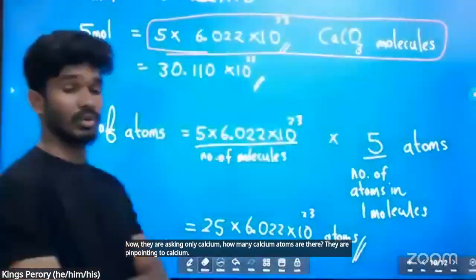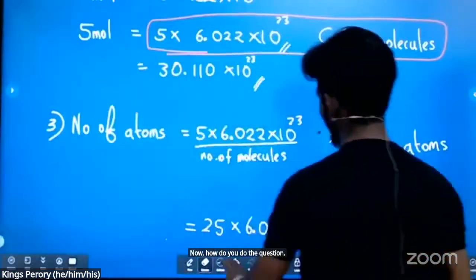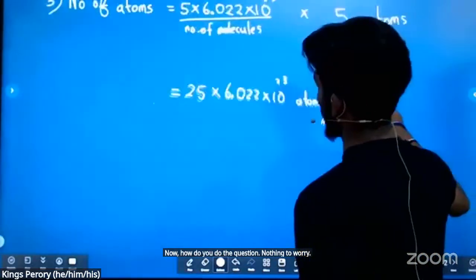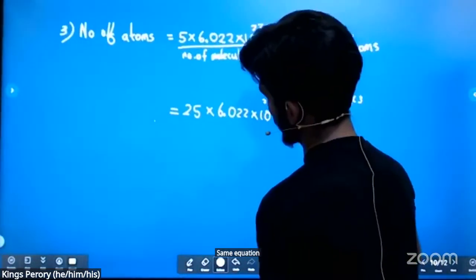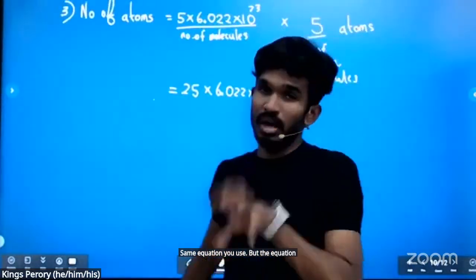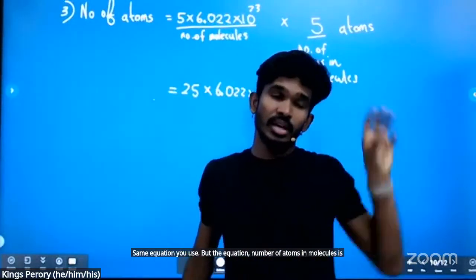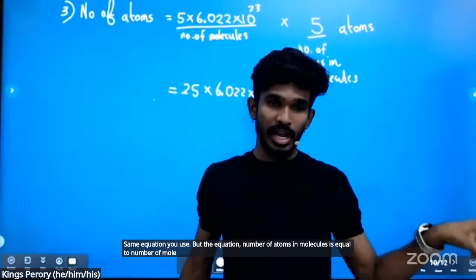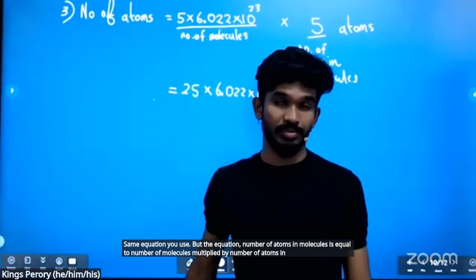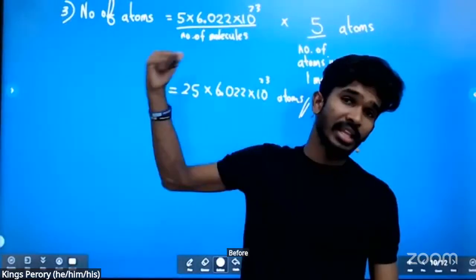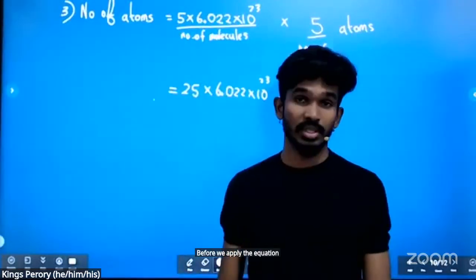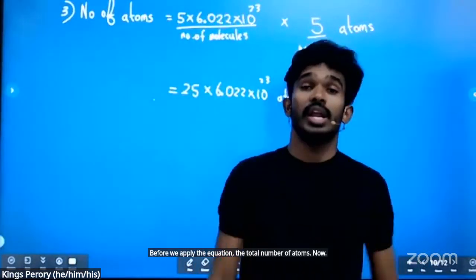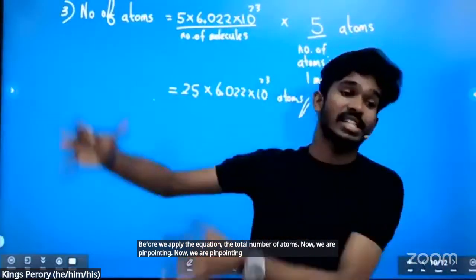Now how do you do the question? Nothing to worry about. You use the same equation. What's the equation? Number of atoms is equal to number of molecules multiplied by number of atoms in one molecule. Before, we applied the equation to the total number of atoms. Now we are pinpointing only to calcium.